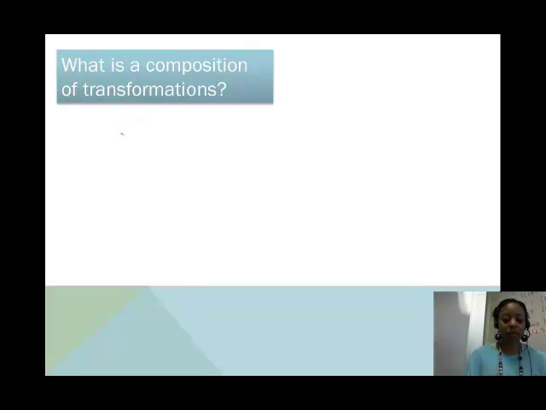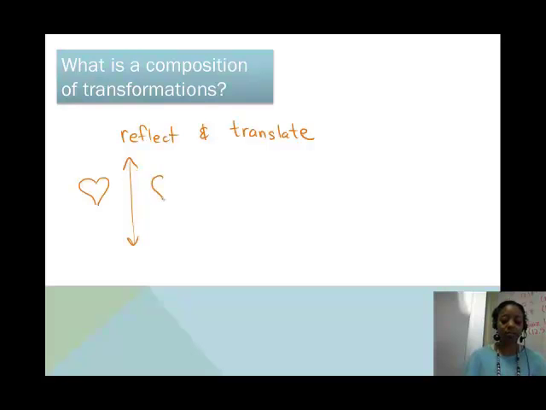So for example, if I tell you to reflect and then translate a particular figure, those two together would be a composition of transformations. You would take a figure like this heart, and I would say first reflect it over the line.